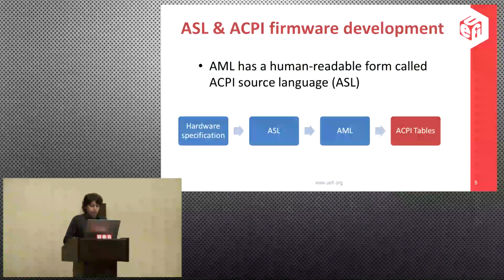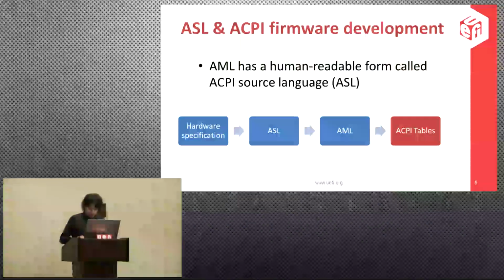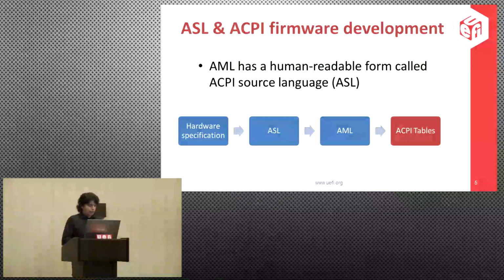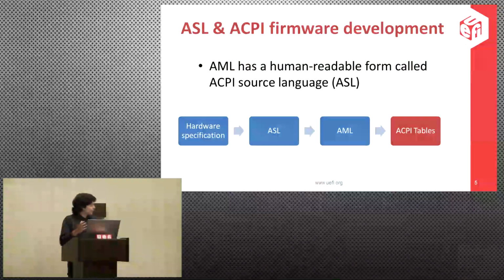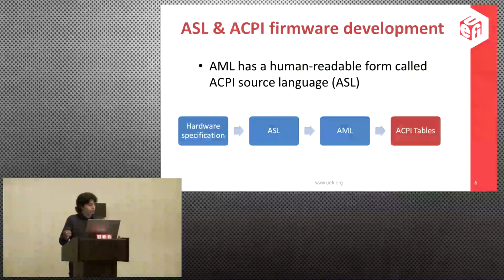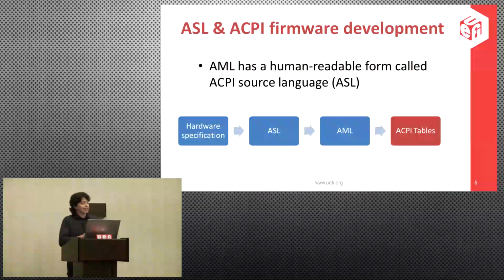So we're talking about these ACPI tables. Well, how did they come to be? Firmware developers start with some sort of hardware specification, sometimes called a data sheet, and that is translated by hand or maybe by some program to this language called ASL, ACPI source language, which is compiled to ACPI machine language, then combined together to what we call the ACPI tables.